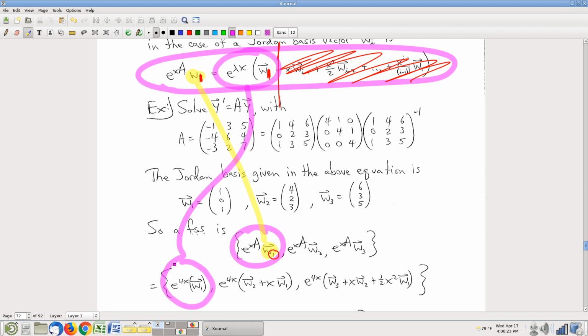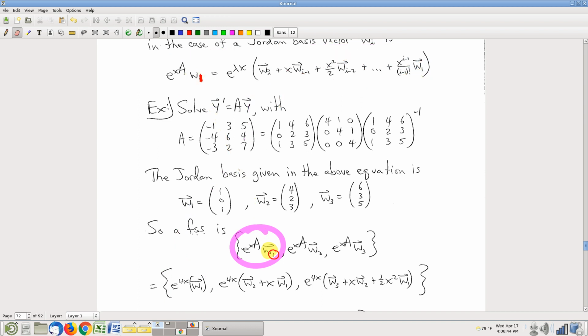So there's our first solution in our fundamental set. Everybody okay? By the way, notice we could have shortcutted this because, knowing that this is an eigenvector, several pages back we have an existing formula for matrix exponential times eigenvector. It is this.